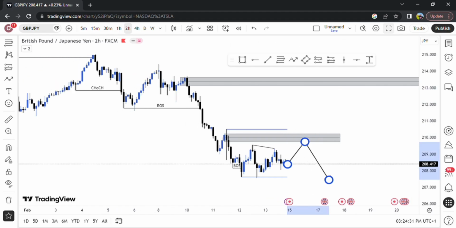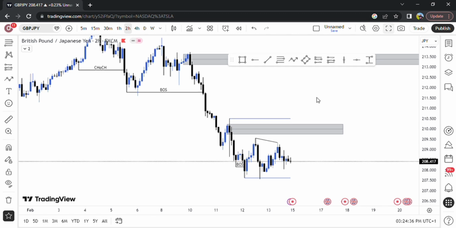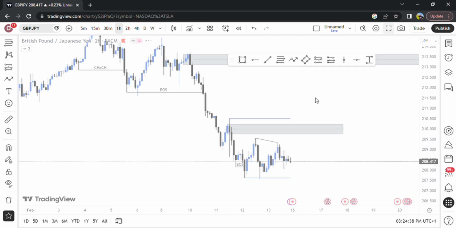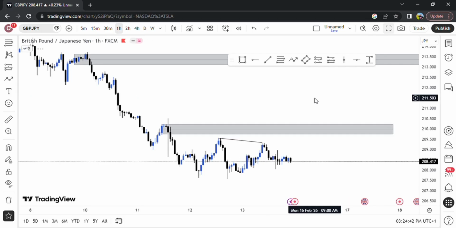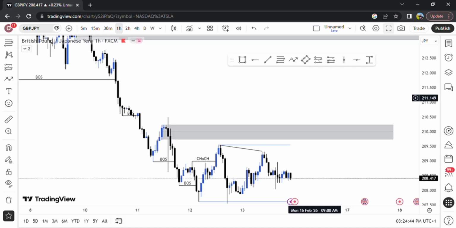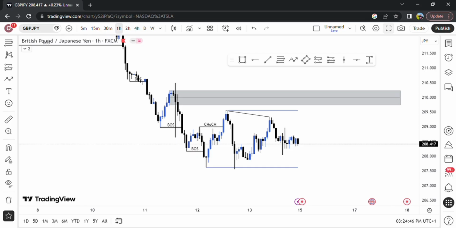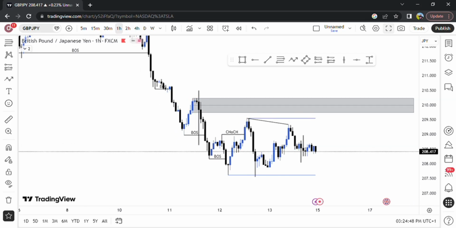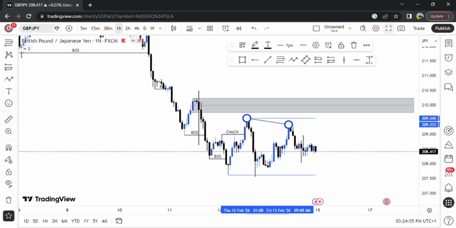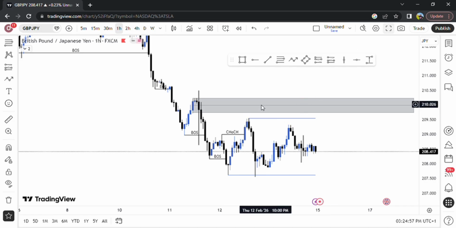So let's see our 1-hour time frame. What does our 1-hour time frame have to say for us? Okay, in our 1-hour time frame, we are clear to go. Yeah, we are clear to go. Price has already reacted to this particular change of character.